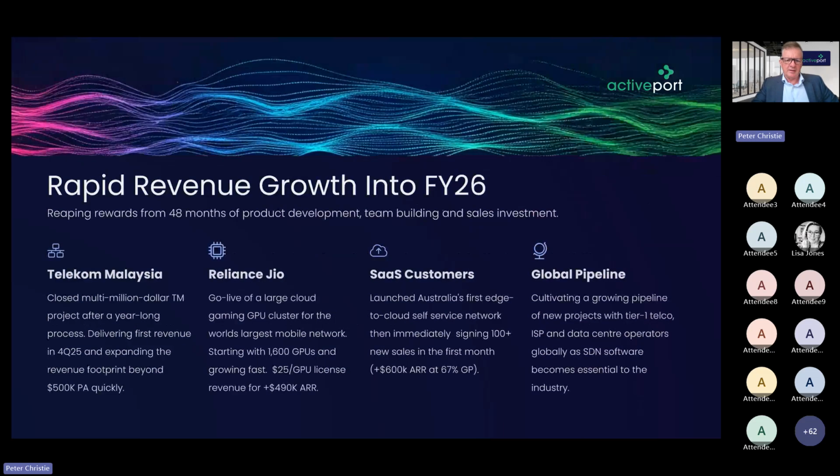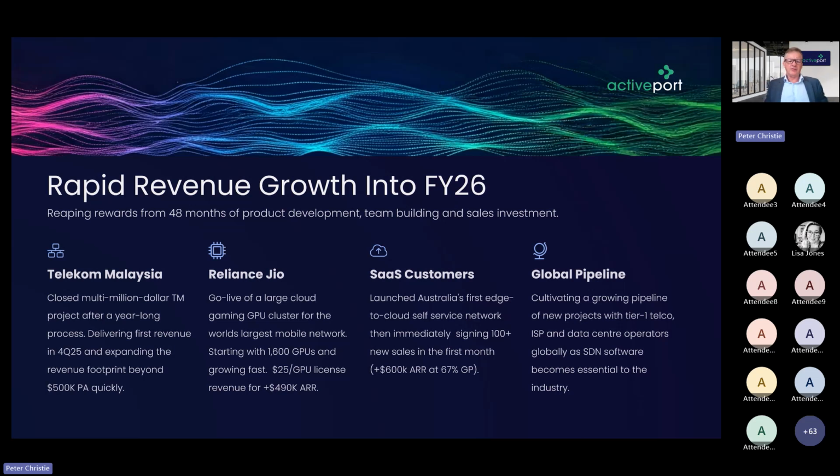And so if we look at some of the successes we've had in FY26, and these were successes that came to fruition just in the last quarter, so we're yet to book most of this to revenue. But if I just tick a few of these off quickly, Telecom Malaysia, it's a multi-million-dollar project. It will go live at the end of August.